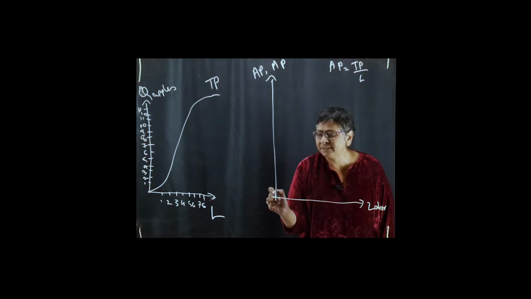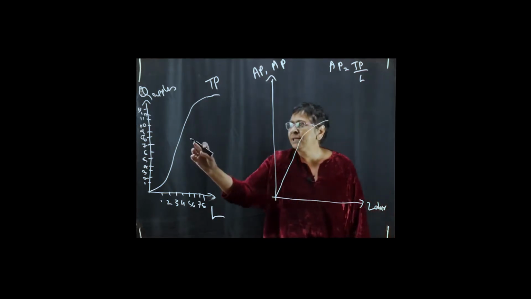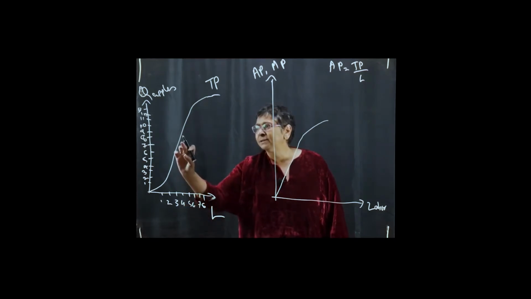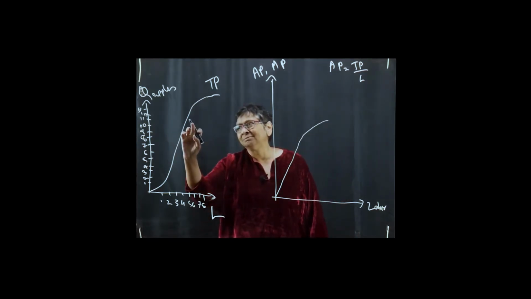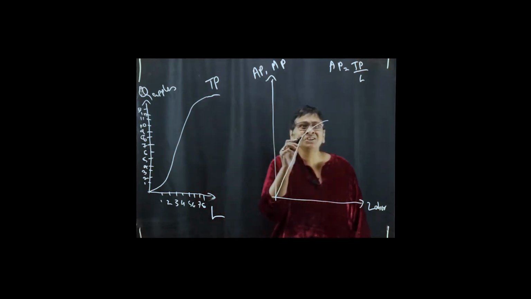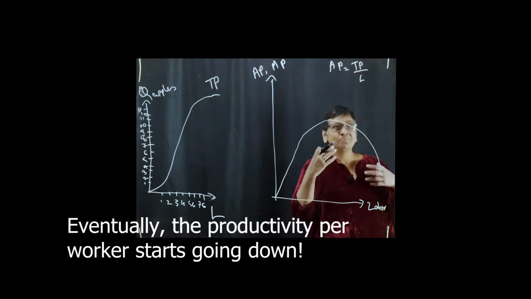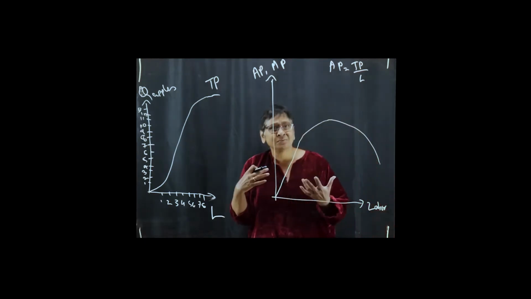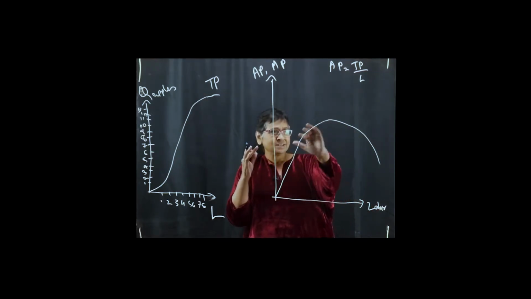But you initially see the average productivity go up, but then the 5th worker, you're getting 8 apples, 8 by 5. 6th worker, you're getting 9 apples. So eventually, the average productivity, the productivity per worker, starts going down because extra workers are not adding that much. So the average has this shape.